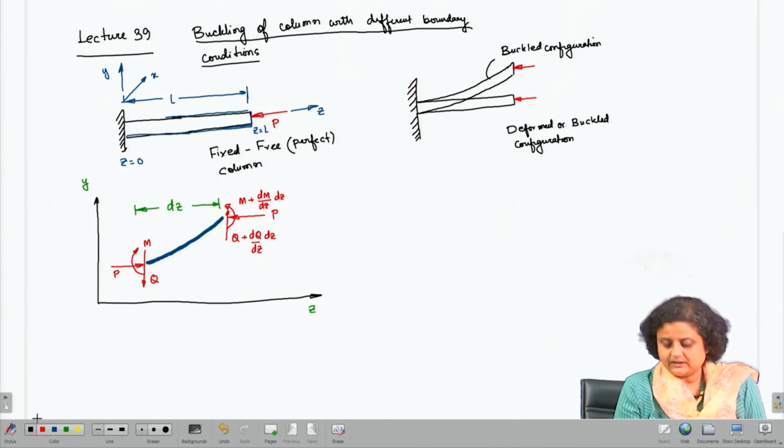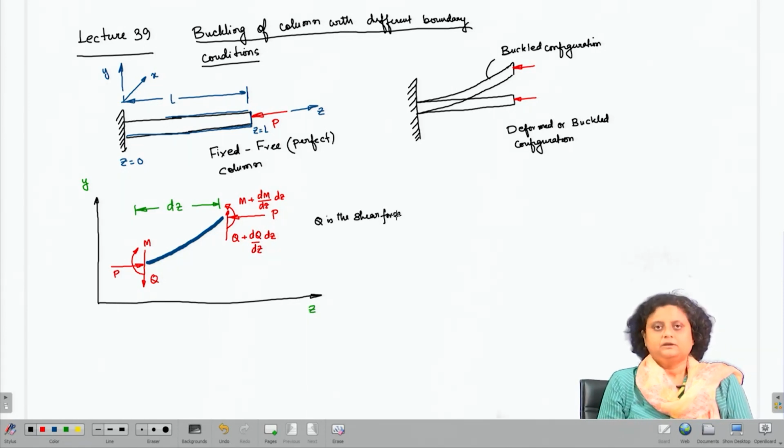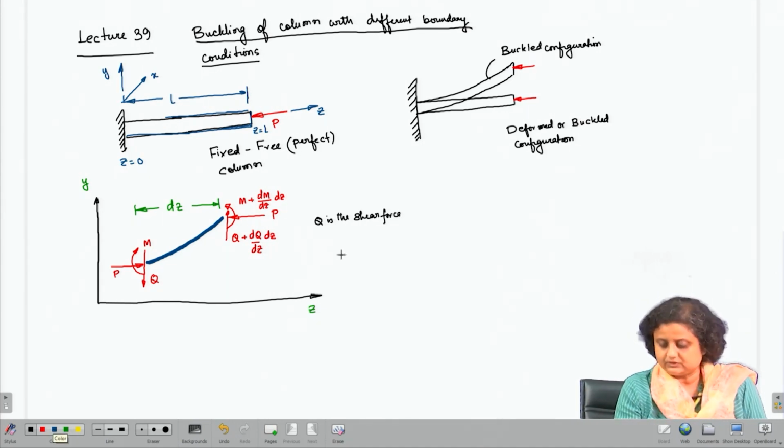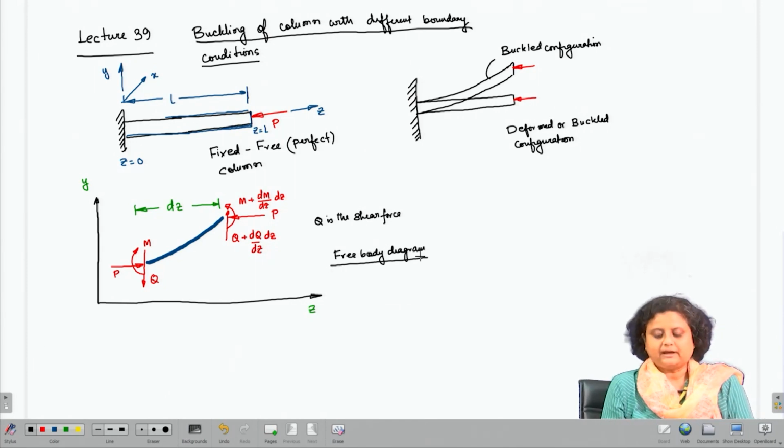Q is nothing but the shear force. So this is the free body diagram of the elemental column, and these are the forces and moments acting on it.